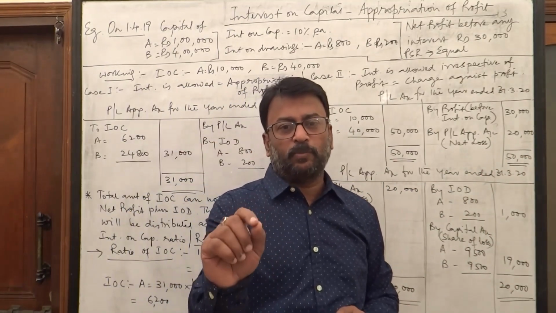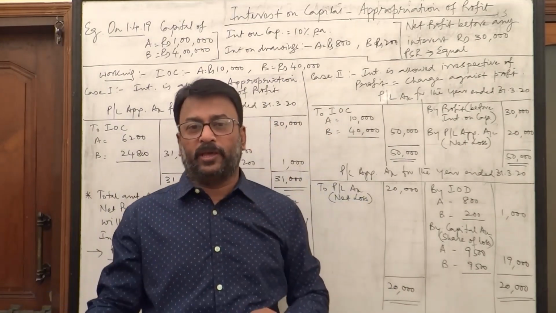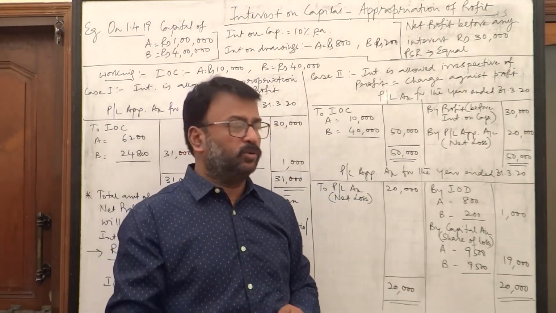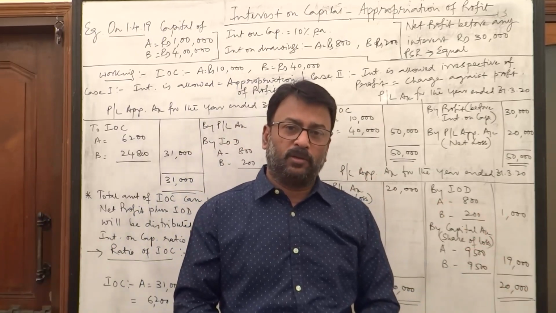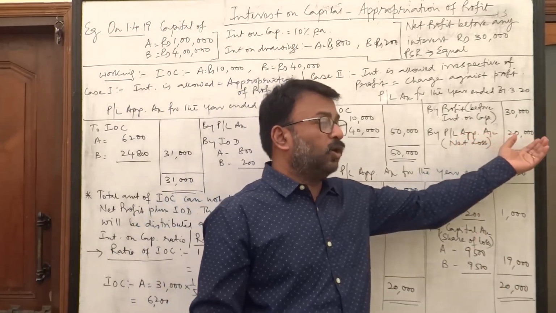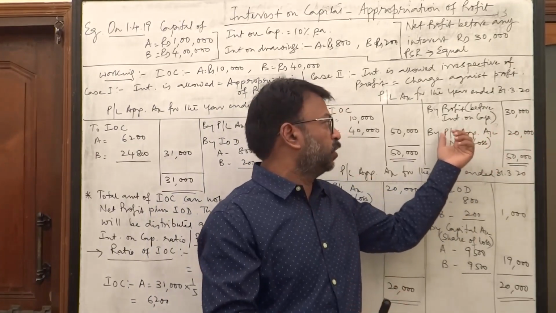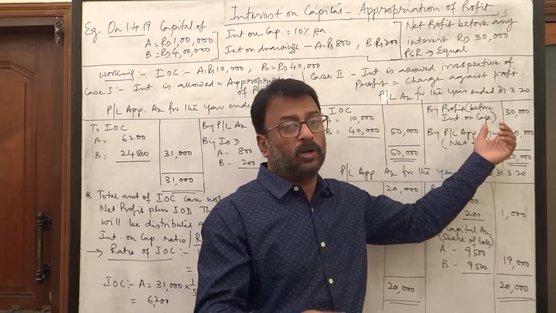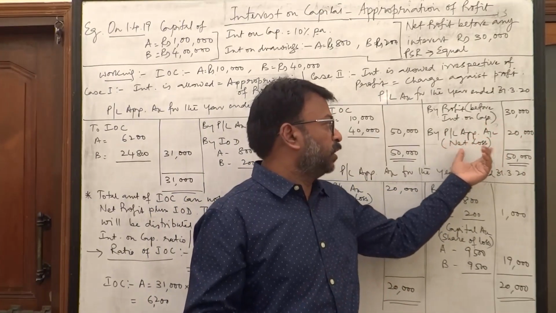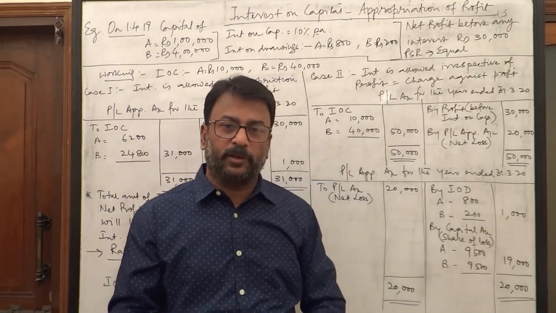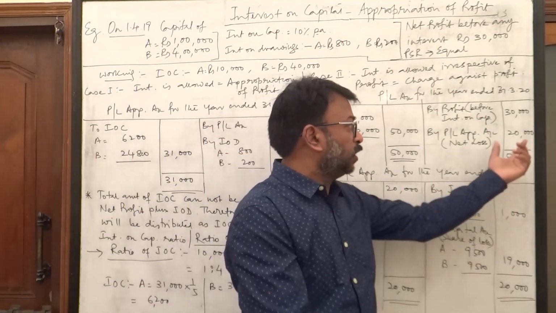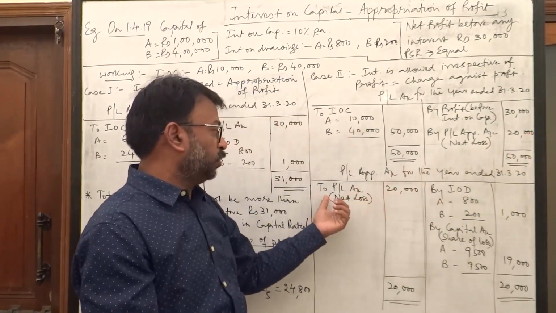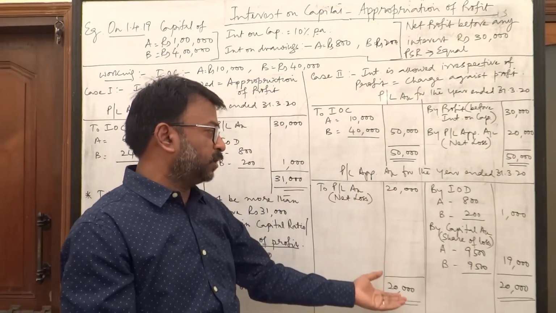Just consider for a moment that interest on drawing is not there. Then what will you do? Then this PL appropriation account is not required to prepare. Then whatever net loss is coming, here only you transfer by partners' capital or current account, as the case may be, and transfer to both the partners in their PSR. But since interest on drawing is there, 20,000 I have transferred here to PL appropriation account, net loss 20,000.